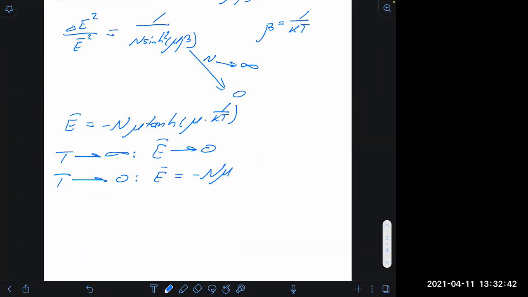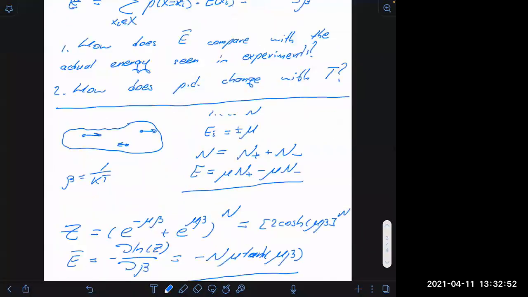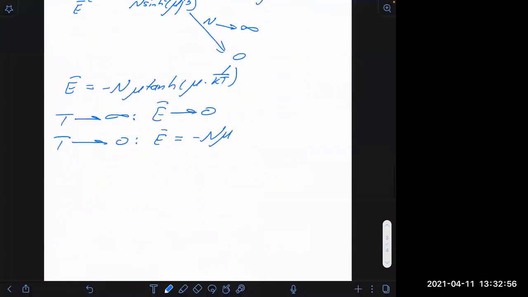And when temperature tends to 0, we see that the total energy of the system is negative n times mu, and we remember that a particular particle might have energy plus or minus mu. If the total is negative n mu, then every single particle obtains what's called the ground state, the state of the minimal possible energy.